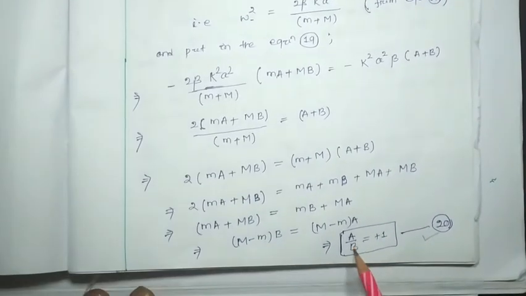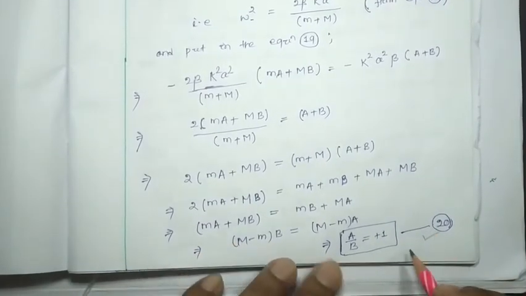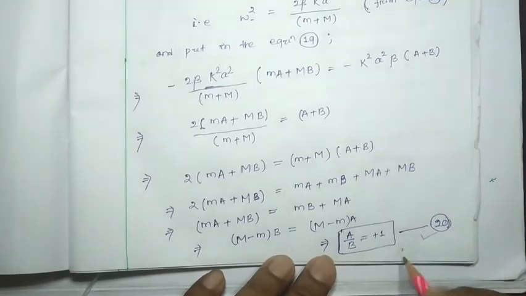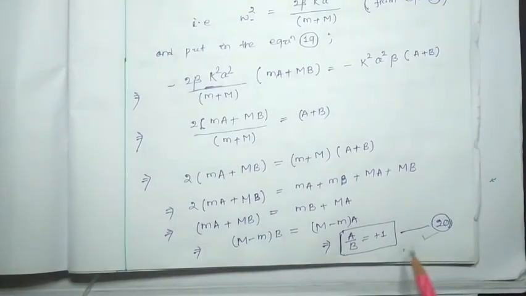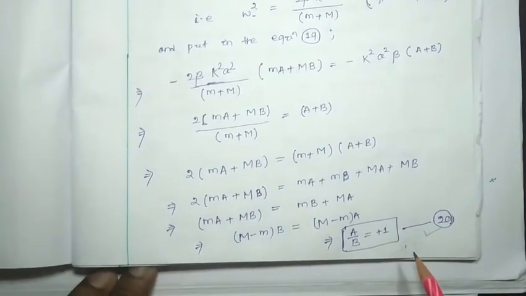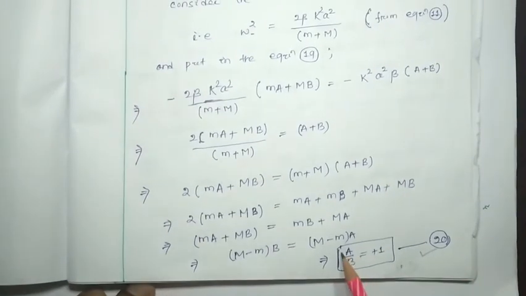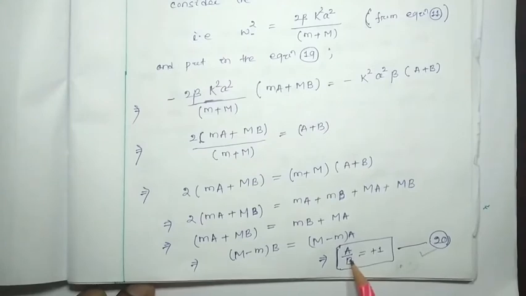That means both the amplitudes are equal, A equals B, that means both the amplitudes are in the same direction. A is the amplitude of the small mass, B is the amplitude of the vibration of the heavier mass. So both are in the same direction.